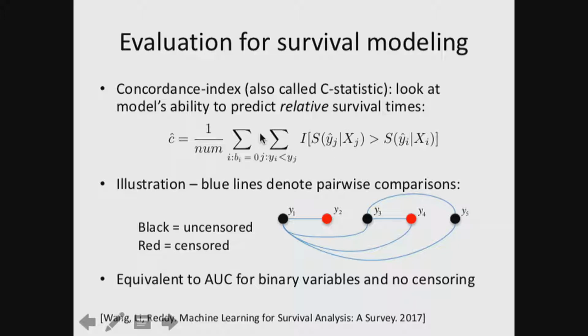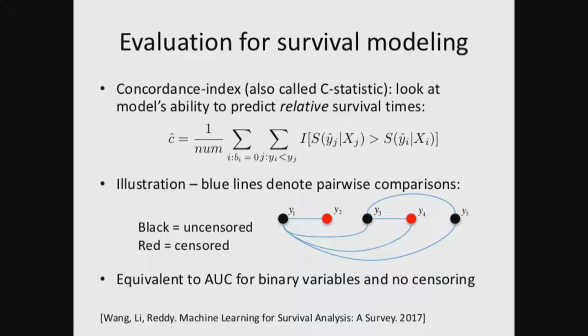It sums over pairs of data points that can be compared to one another. And it says, what is the likelihood of the event happening for an event that occurs before another event?